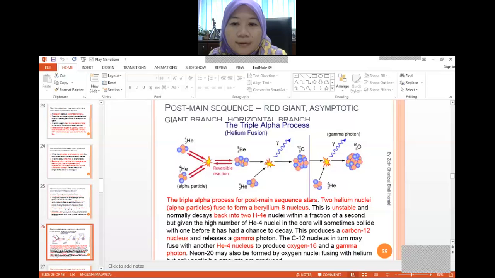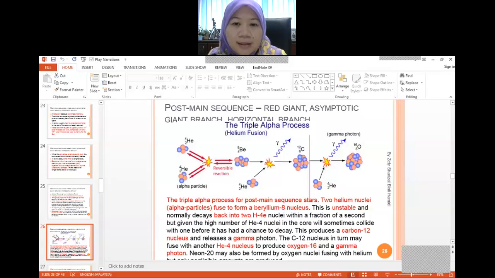So we have the combination of the oxygens and also the heliums plus gamma rays at the end of the stage. We have the unstable process and the stable process in this stage, before it moves up to the stable process, which produces the heliums and also the oxygen. So this is what we call the triple alpha process.